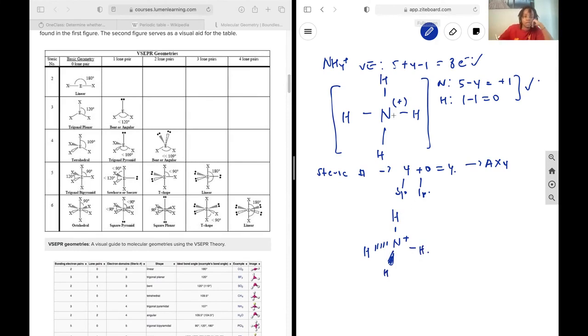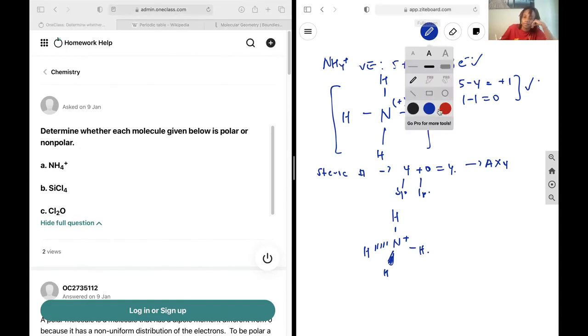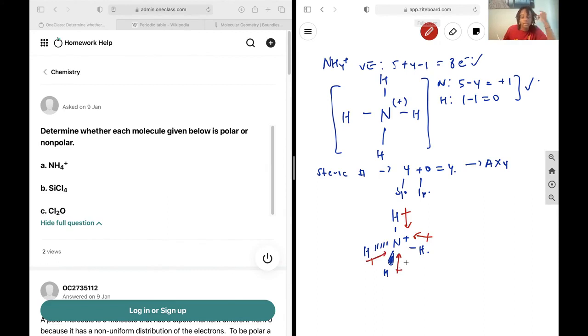Okay, and then we can see how the dipoles work out to determine whether it's polar or nonpolar. So nitrogen is of course more electronegative, so all of the dipoles will be pointing towards it. And so the angular components of these 3 are going to cancel due to the trigonal shape that's going on here.